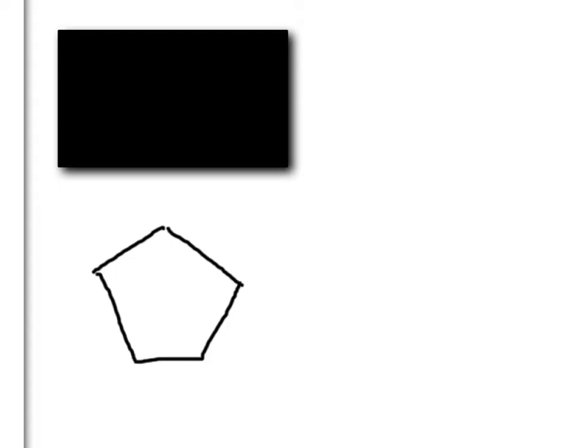the interior angles. Now, we've talked about triangles in the past, and you'll notice that if I draw a line from one vertex to another here, and I make that my diagonal, that creates 2 triangles.